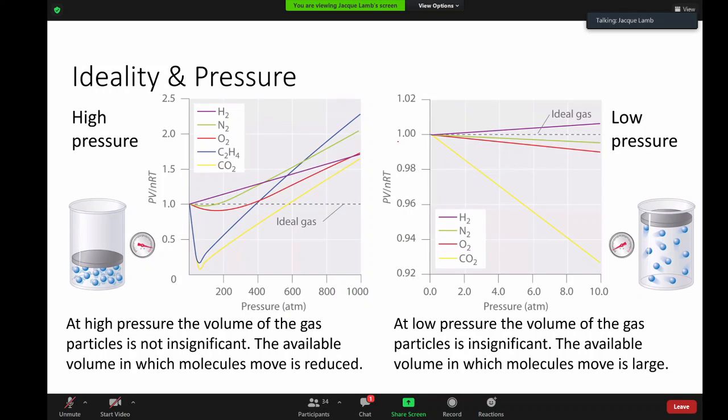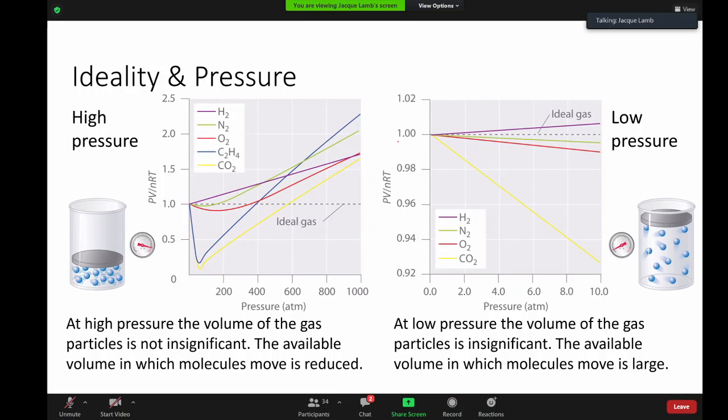So when we talk about pressure, another concept we talked about was the volume of the gas particles themselves. One of the things we said was that in comparison to the volume of the gas, the volume of the particles themselves is negligible or near zero.